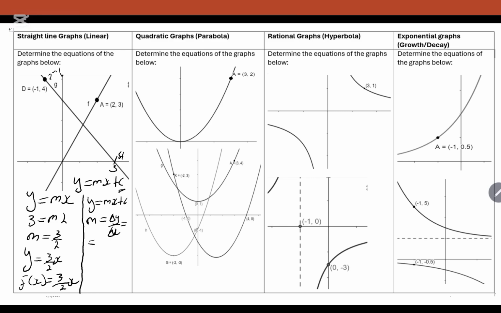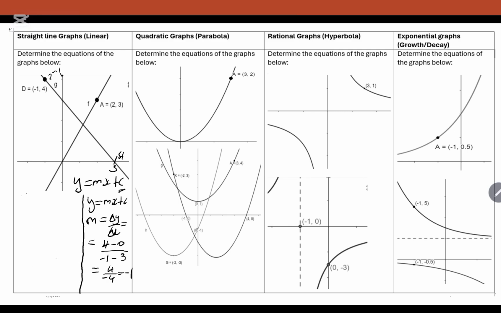So this will be 4 minus 0 divided by negative 1 minus 3. So this is 4 over negative 4 and the answer is negative 1. We can see that the graph is decreasing, hence it has a negative gradient. So the gradient of this line is negative 1.